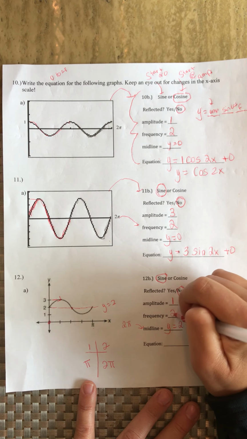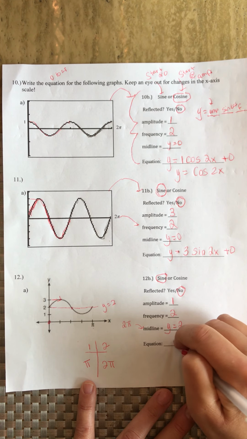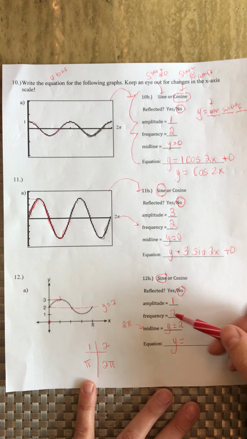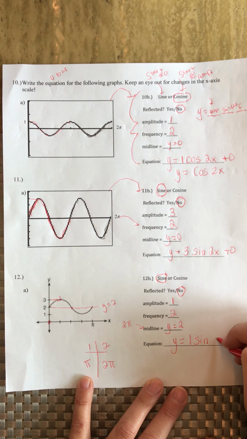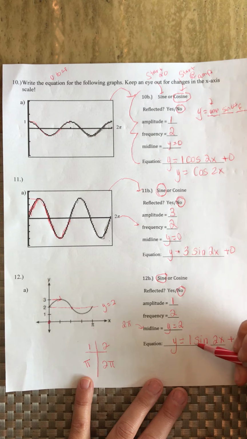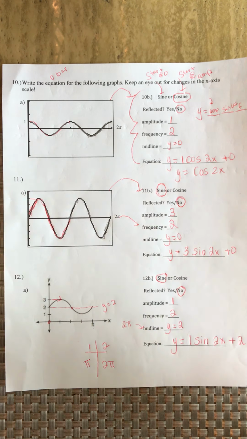So I'm going to have a frequency of 2. So my equation will be y is equal to, my amplitude is 1 sine 2x plus 2.